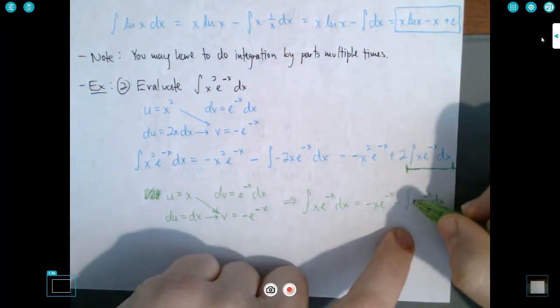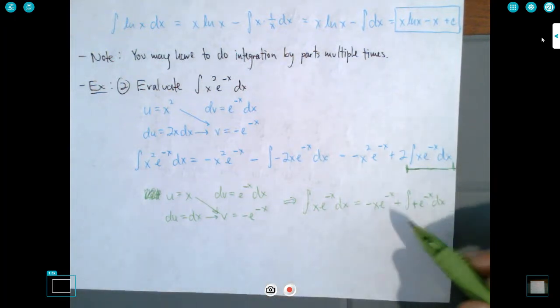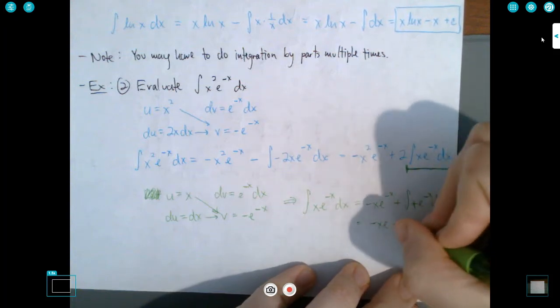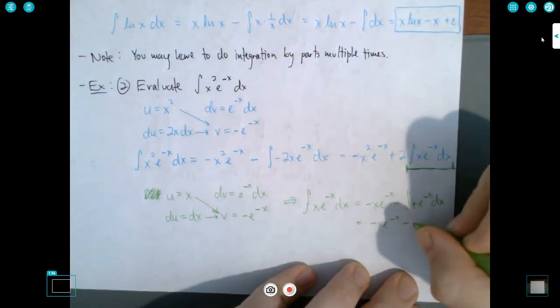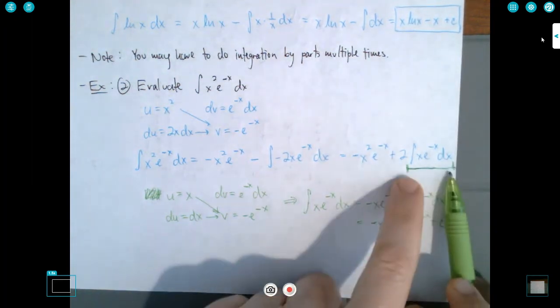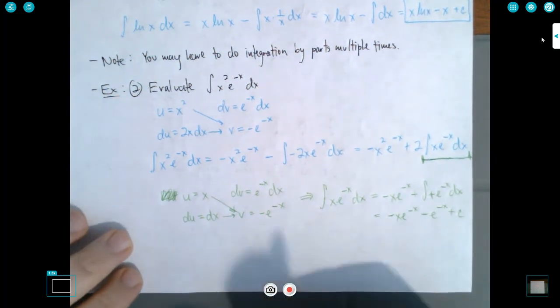Okay, well, this negative and that negative will cancel. The integral of e to the negative x is negative e to the negative x, so this is going to be negative x e to the negative x minus e to the negative x plus c, right? So that's just the green part over here. So now I can finish up the original integral.